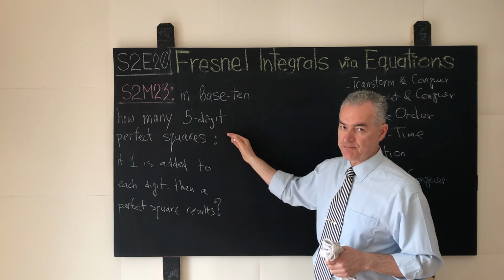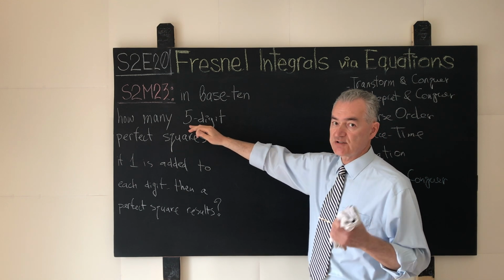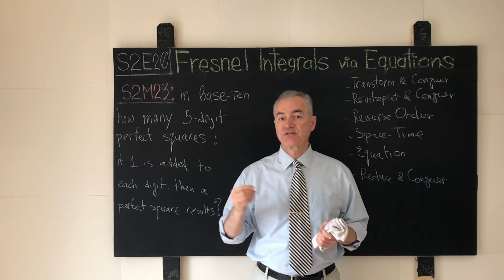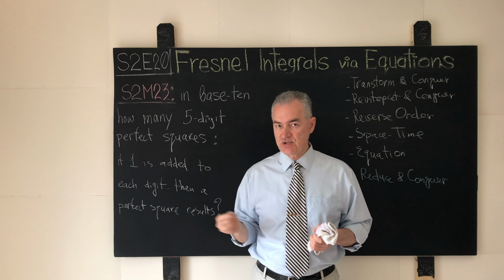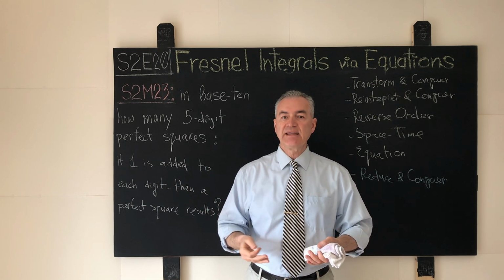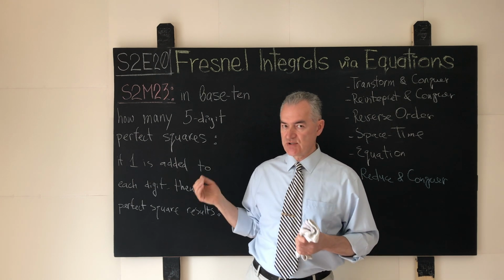In other words, let's say we have a 5-digit number that is a perfect square. We take that number, add 1 to each digit, and as a result of adding 1 to each digit in this 5-digit perfect square, we obtain yet another perfect square. How many such 5-digit numbers are there?